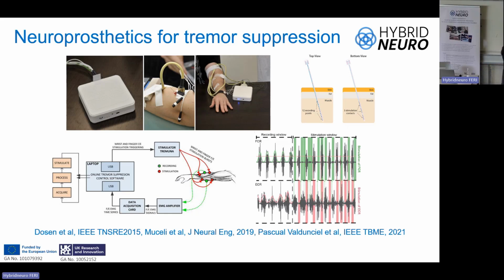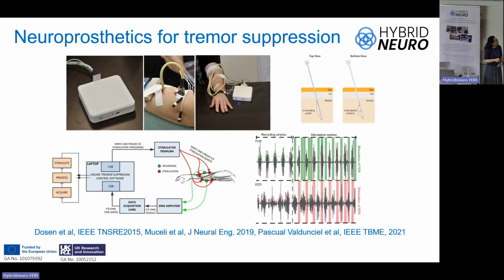So the idea is that first we record the signals, and we are able to estimate the tremor frequency. Then in the next phase, we stimulate. When, for instance, the extensor is active, we stimulate the flexor to counteract the activity, and when the flexor is active, we stimulate the extensor. Something important is that it doesn't matter if we stimulate above the motor threshold or below the motor threshold.